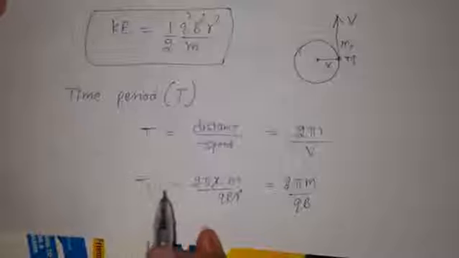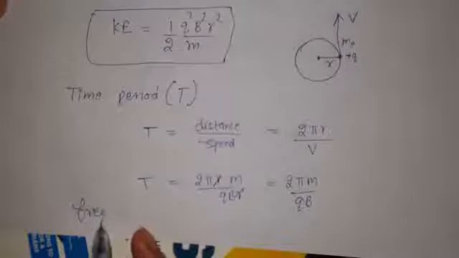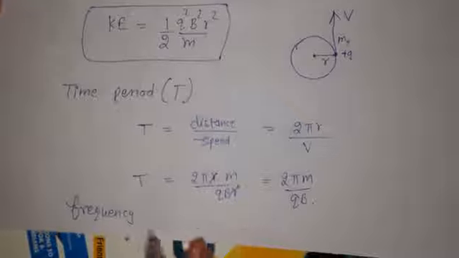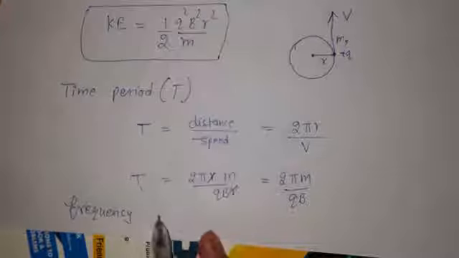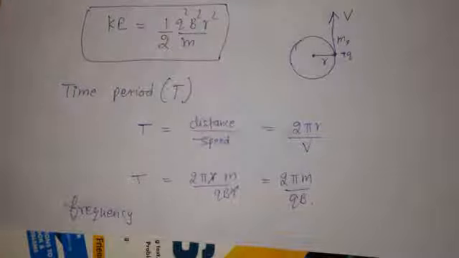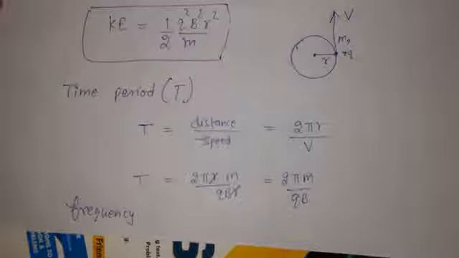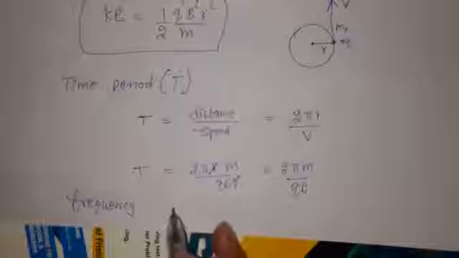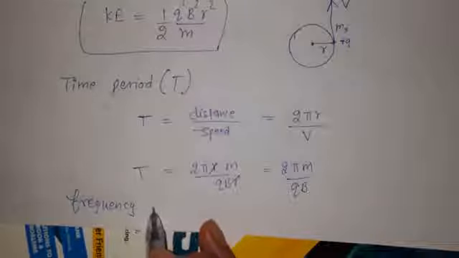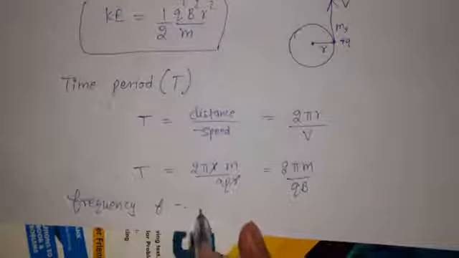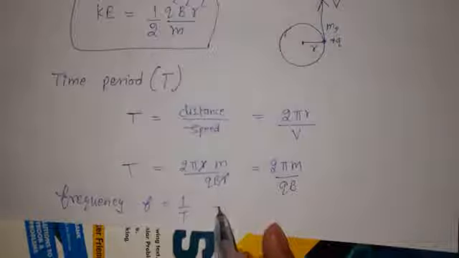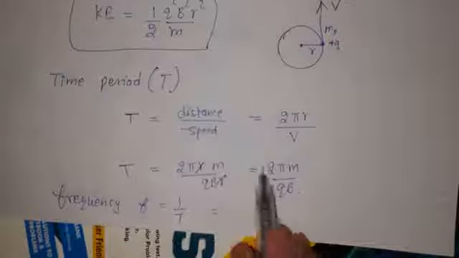Now how much is its frequency? Frequency means the number of complete rounds in 1 second. So the frequency is the reciprocal of the time period.